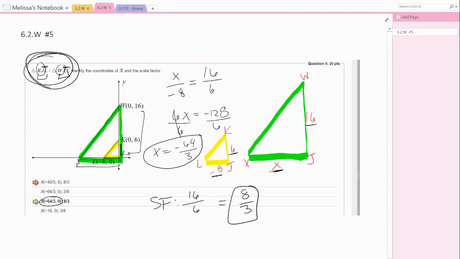So it's just a matter of how you want to do it. Sometimes I think it's easier to set up the proportions, but sometimes if it's a really straightforward scale factor like 2 or 3, it's easier to just multiply that by a value to get your answer quickly.